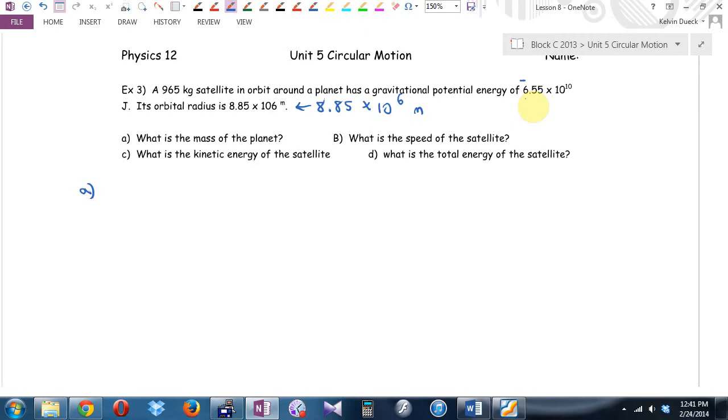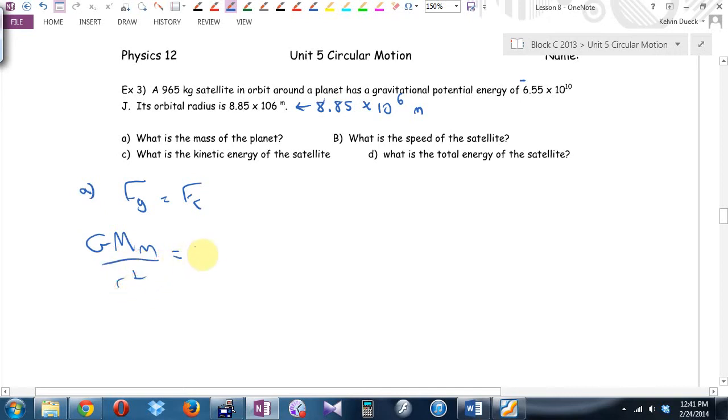Apparently I can't. Oh, well, I thought about that, but the problem there, well, let's try it. Don't write this down. I don't think that's going to get us there. My first thought would be big G, big M, little m over r squared, which is going to be m v squared over r. Did they tell me the speed?